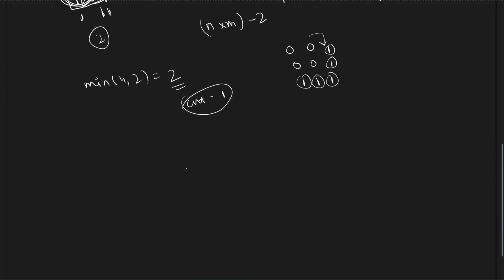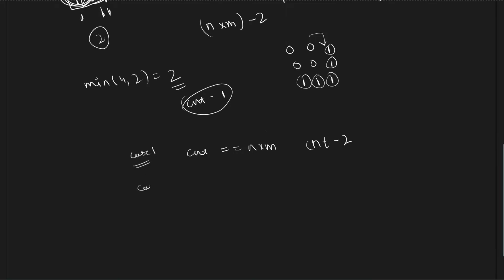Right? So there will be a total of 3 cases. When there are no zeros present and the count of ones is equal to n into m, this is the very first case, and in this particular case the answer would be count minus 2. This is case 1, right?